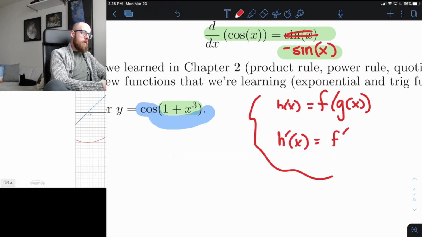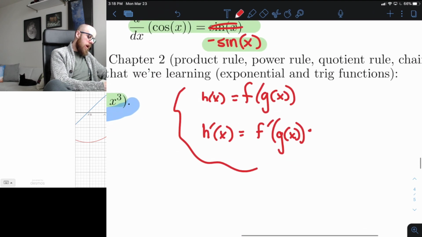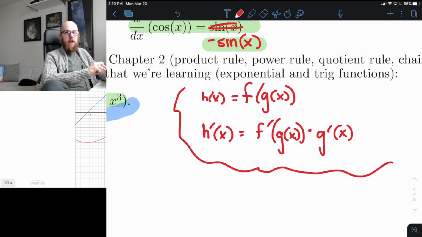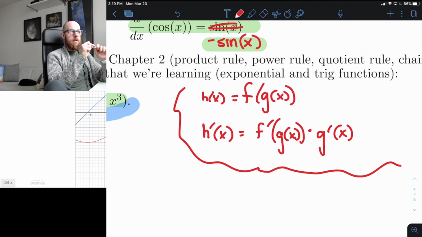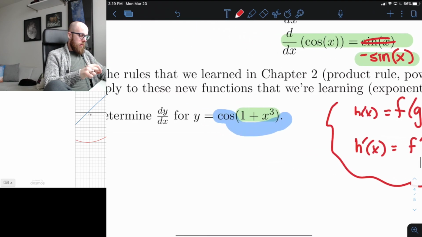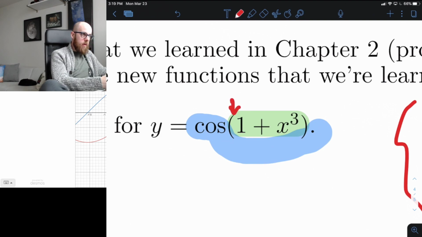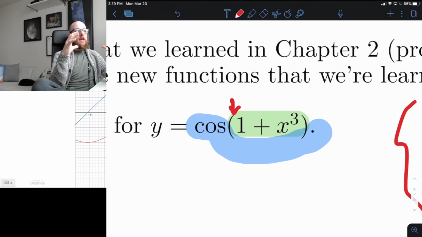So I take the derivative of the outer function, but I keep the inner function the same. And then I just have to remember to multiply by the derivative of my inside function. Because in here, what we have to notice is that it's cosine of 1 plus x cubed. Like 1 plus x cubed is in the argument of cosine.